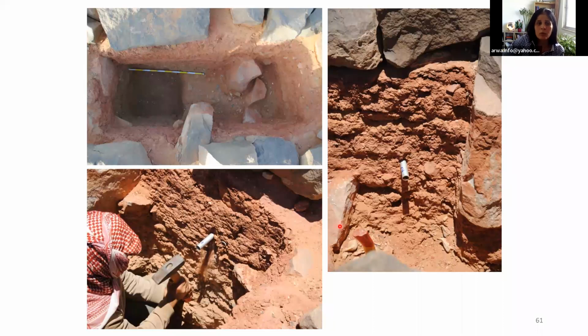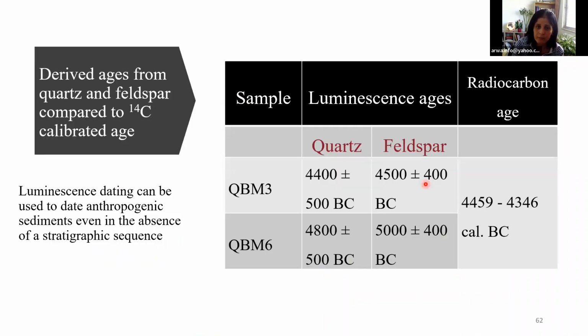2 OSL tubes were hammered into these sediments, and we could extract both quartz and feldspars for OSL dating. It is worth noting that only 1 C14 sample could be extracted from this layer of sediments, and the age was 4,500 BCE, around Chalcolithic times.